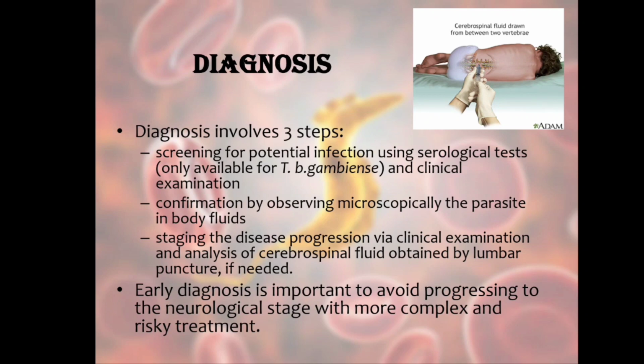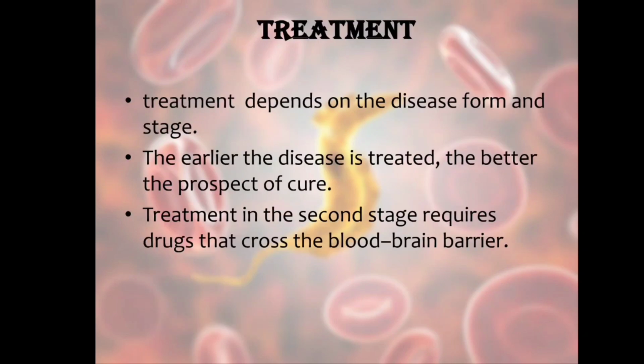Because if the parasites are present in the CSF, this would indicate that the disease has progressed to later stages and it is much more difficult to cure, or rather incurable, during later stages of infection. So early diagnosis is very important because the later stages are neurological, and in that particular stage the chances of recovery are extremely less.